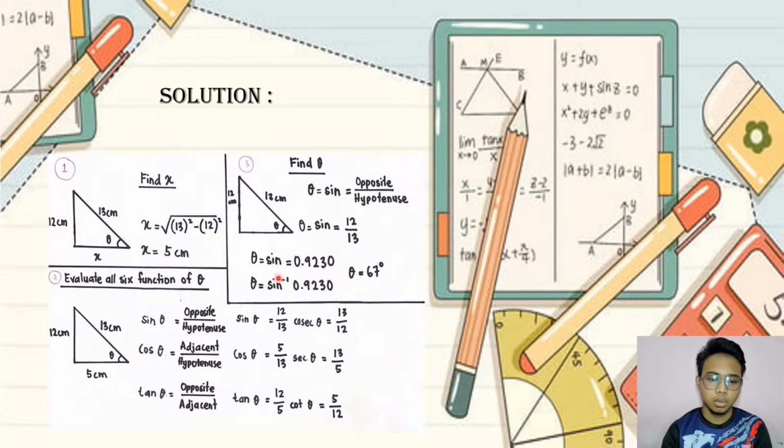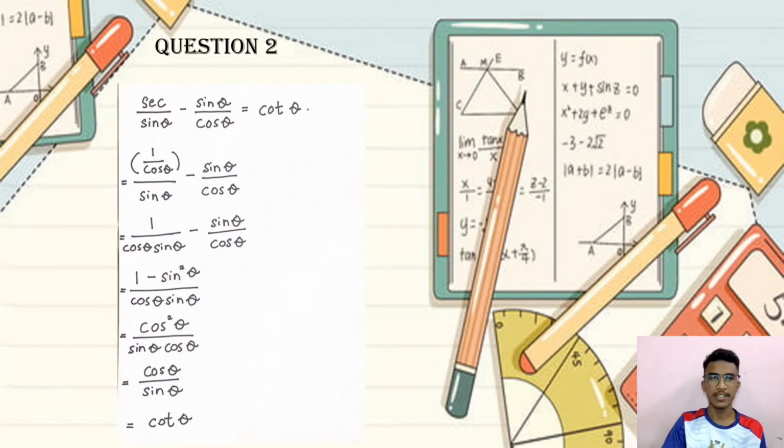I calculate this, so sin equals 0.9230. Then theta equals sin negative 1 of 0.9230. And the last, the result of theta equals 67 degrees.